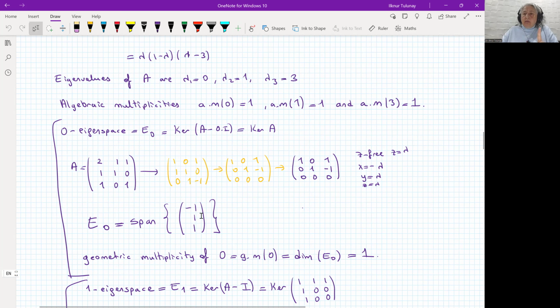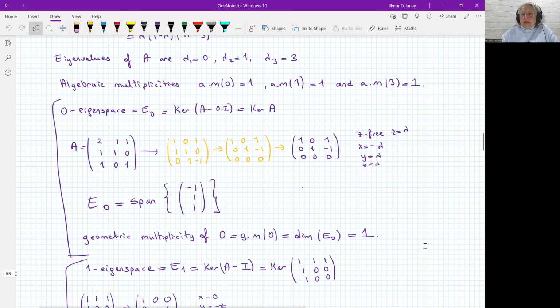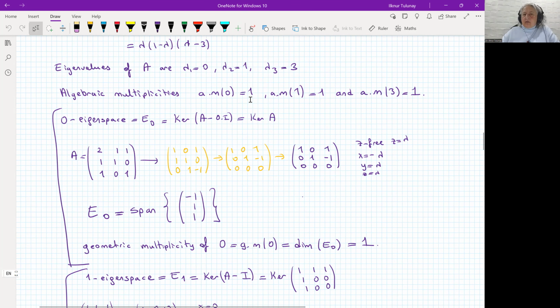So we found one basis vector, which means that the geometric multiplicity of the eigenvalue 0 is just 1. So this means that they are equivalent, right? This first condition is satisfied. The algebraic multiplicity of 0 is 1 and the geometric multiplicity of 0 is 1. This is what we wished, right?